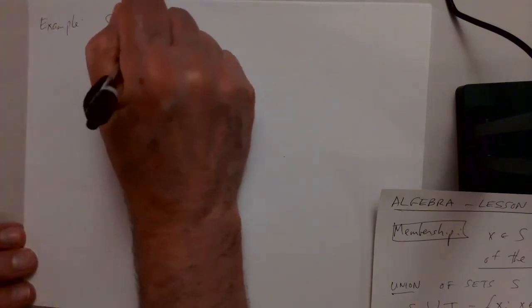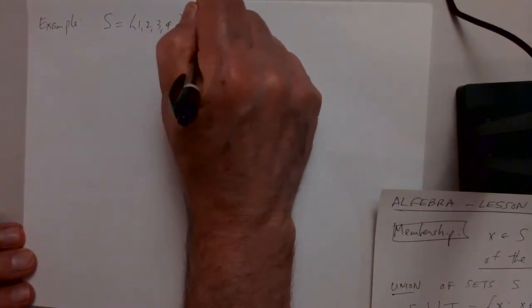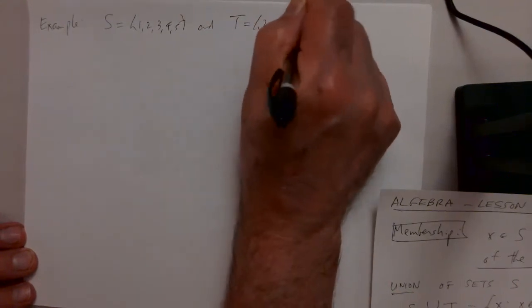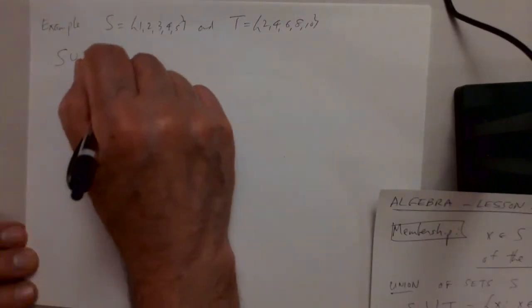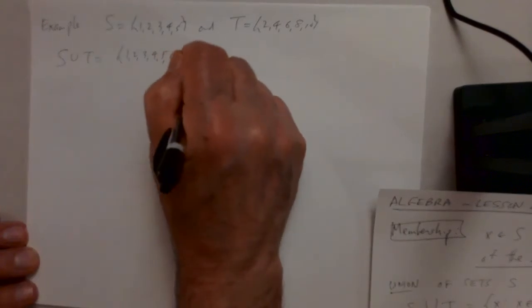So for example, if S is the set 1, 2, 3, 4, 5, and T is the set 2, 4, 6, 8, 10, so S union T is everything in both: 1, 2, 3, 4, 5, 6, 8, and 10.